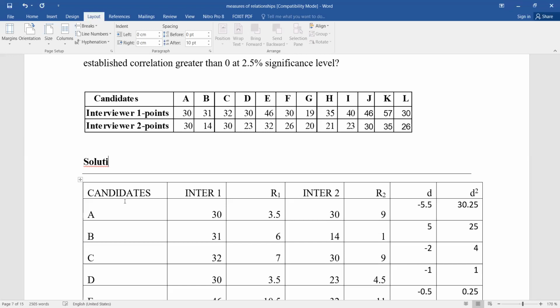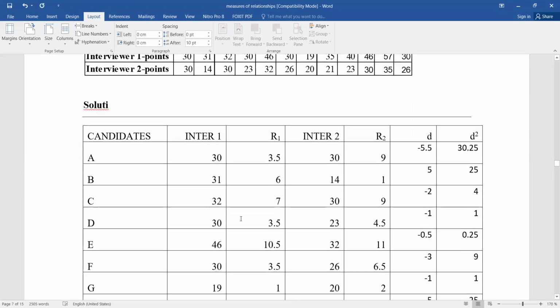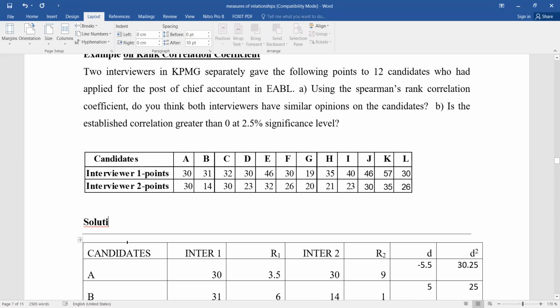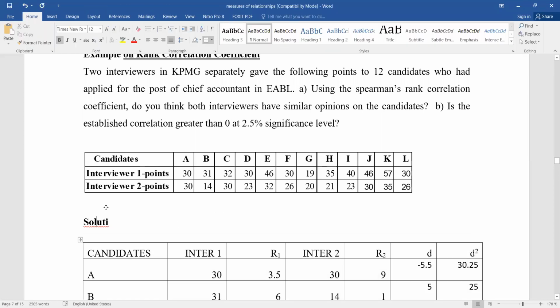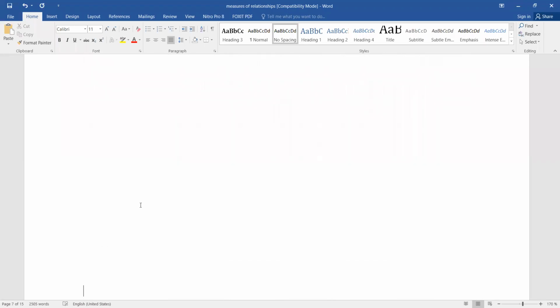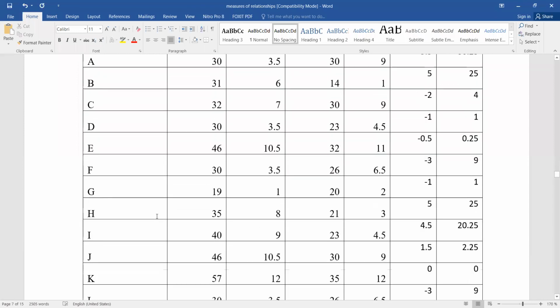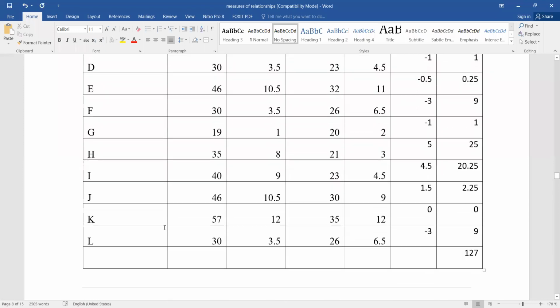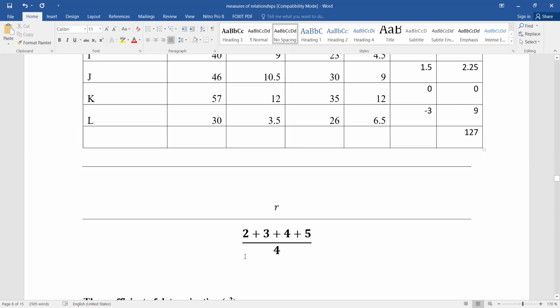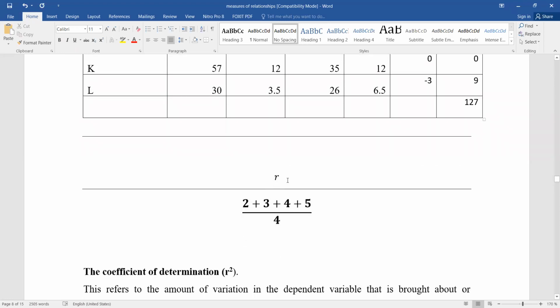That answer is wrong. You people, that is how we're going to fail simple things like this. 127. So we calculate R.